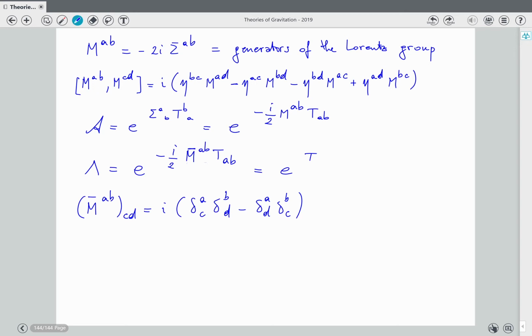Now, so the kinetic action of fermions is this.